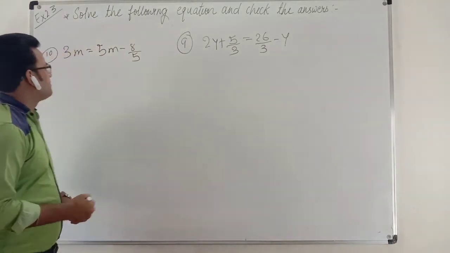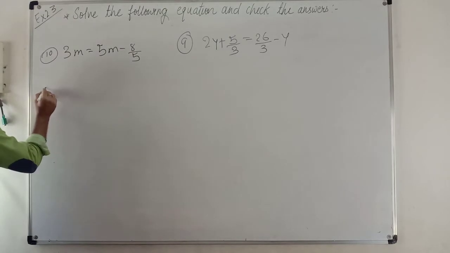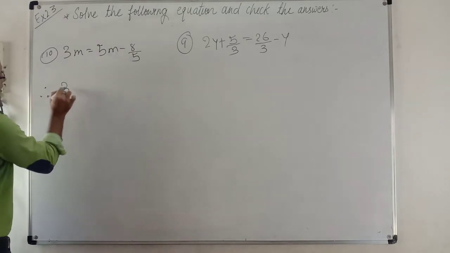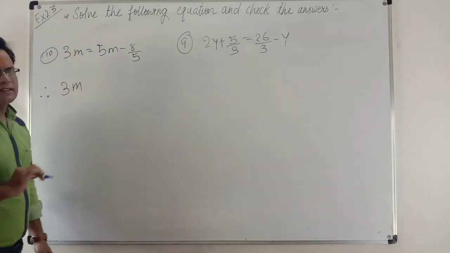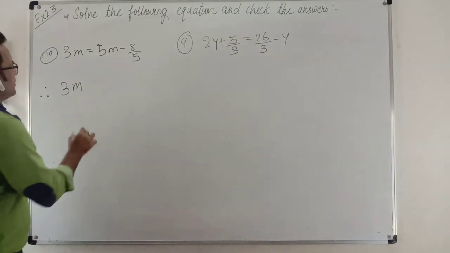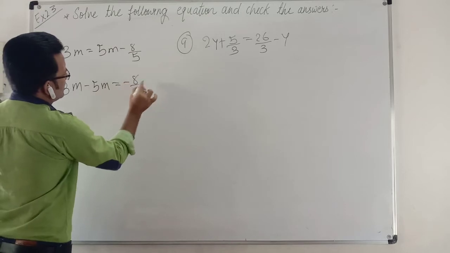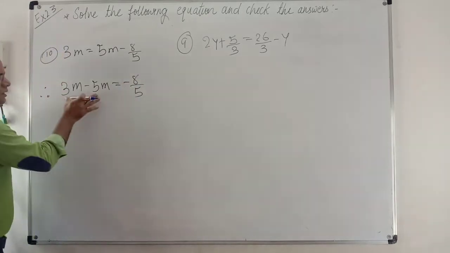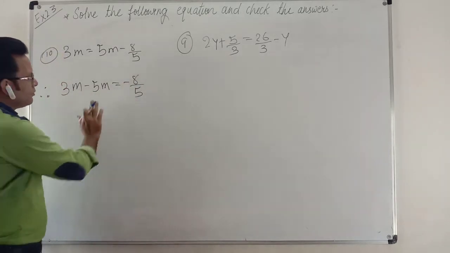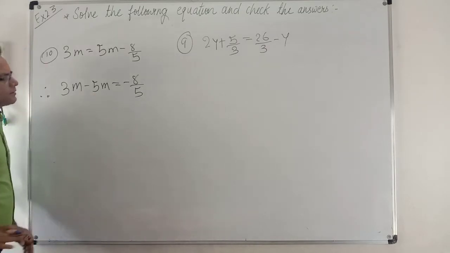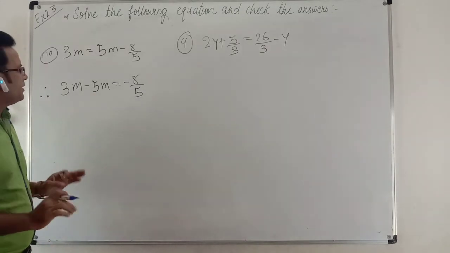First of all, let's start. Therefore, 3m. Now see, this 5m is positive. It becomes negative. Is equal to minus 8 upon 5. Now you have to do 3 minus 5. And as you know, students, the sign of 5 is already bigger.